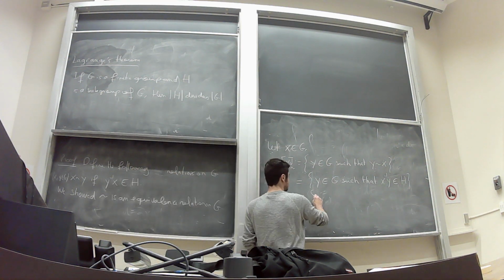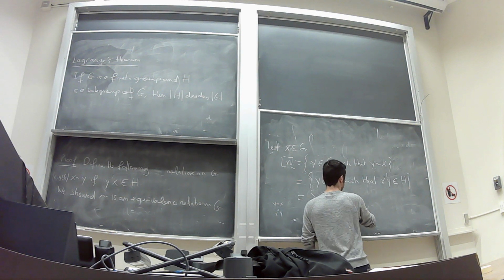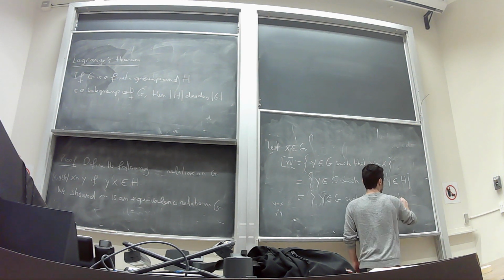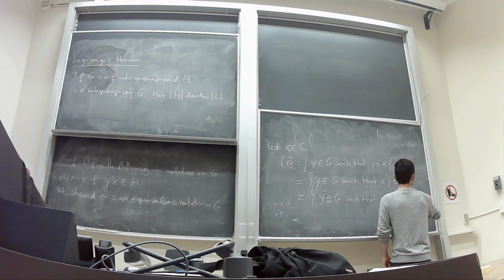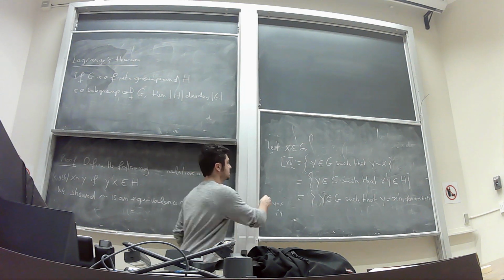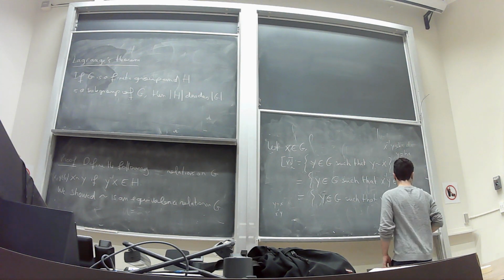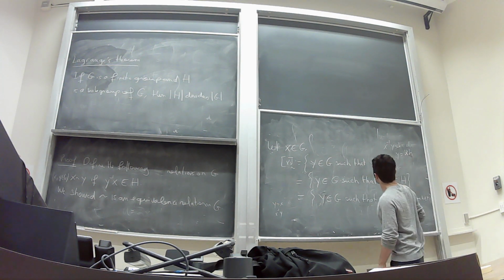So this is Y in G. So it's all the Y's in G such that Y is equal to XH for some H in H. Agree or not? Everybody, do we agree with this? If X inverse Y is equal to H, then Y is equal to XH.